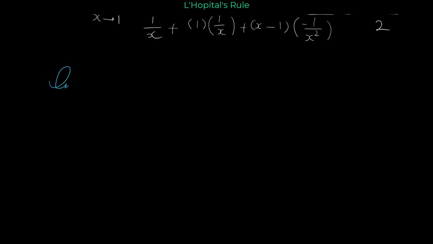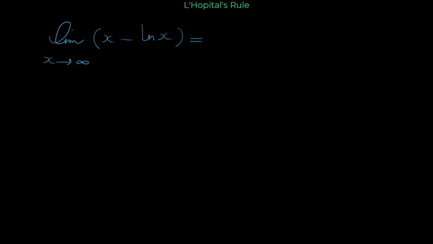Now look at this example. We want to find the limit of x minus ln of x as x approaches infinity. For finding this limit, the problem that we have is that we don't have fractions, and so we cannot combine these two terms together and make it like a single fraction and then apply L'Hopital's rule.